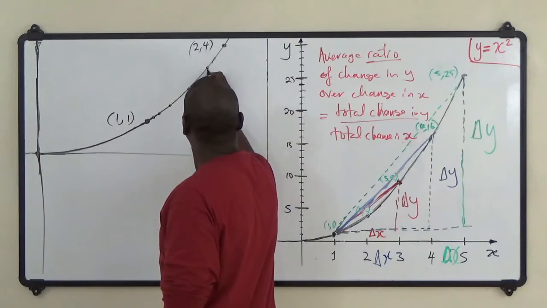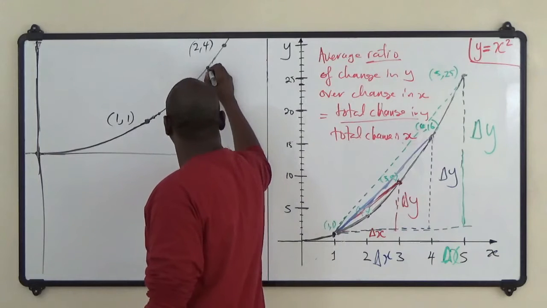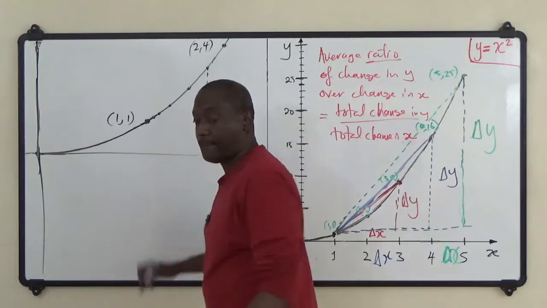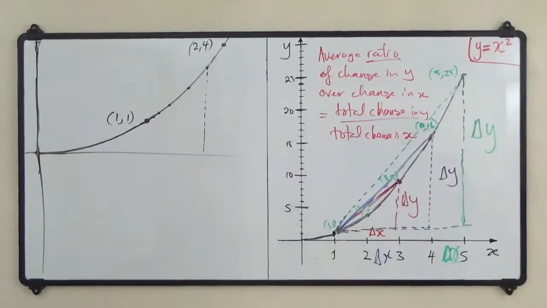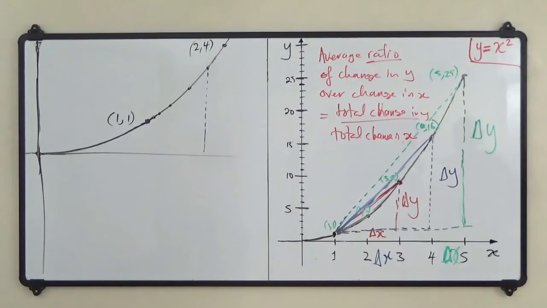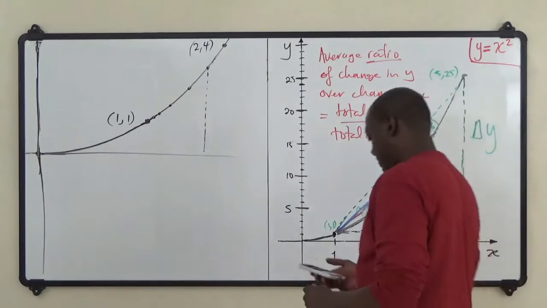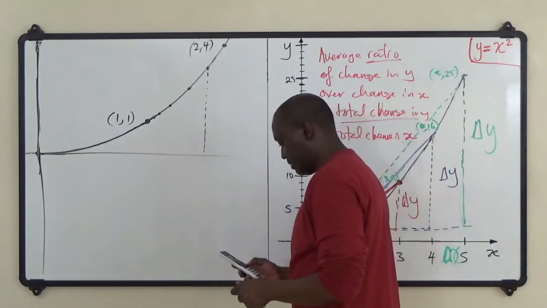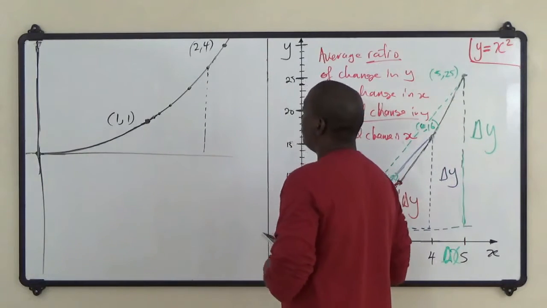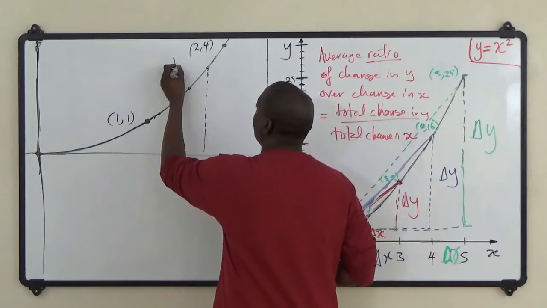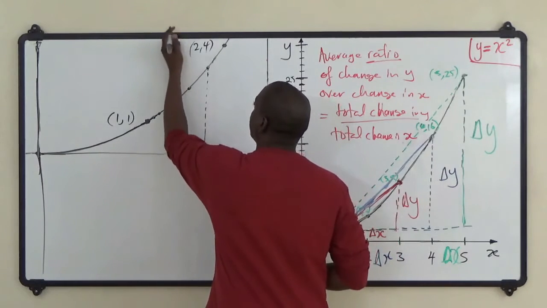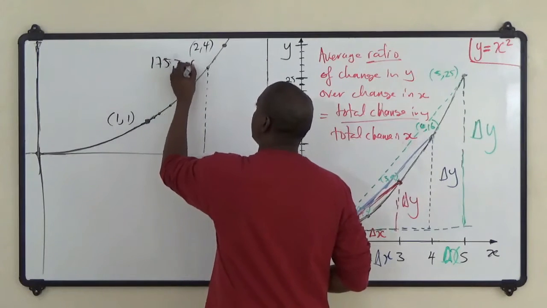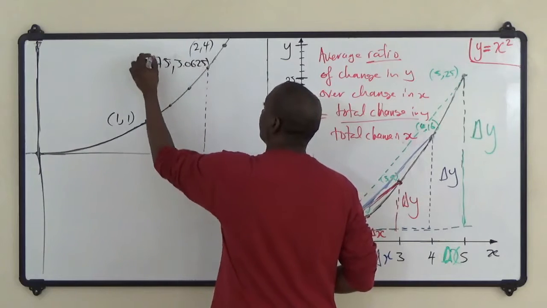So at x equal 1.75, y will be 1.75 squared. We could get an exact value: 1.75 squared is equal to 3.0625. So this is the point 1.75, 3.0625.